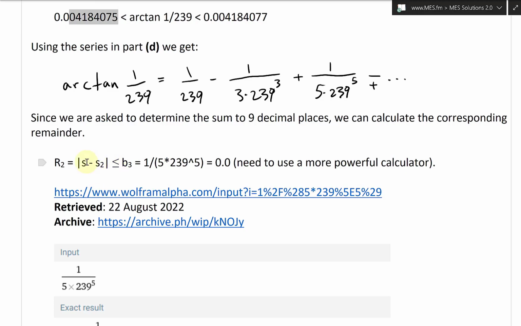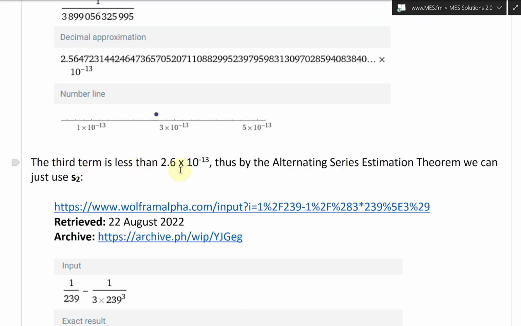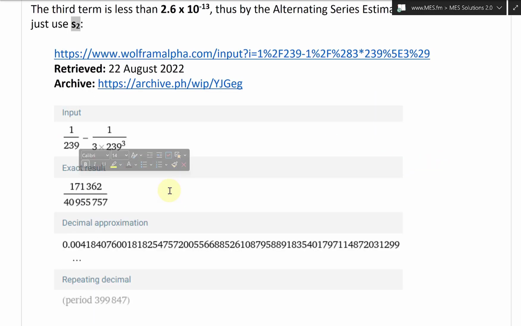So we could just use S2 as the number. The third term is less than 2.56, rounded up to 2.6 times 10 to the negative 13. Thus, by the alternating series estimation theorem, we can just use S2.